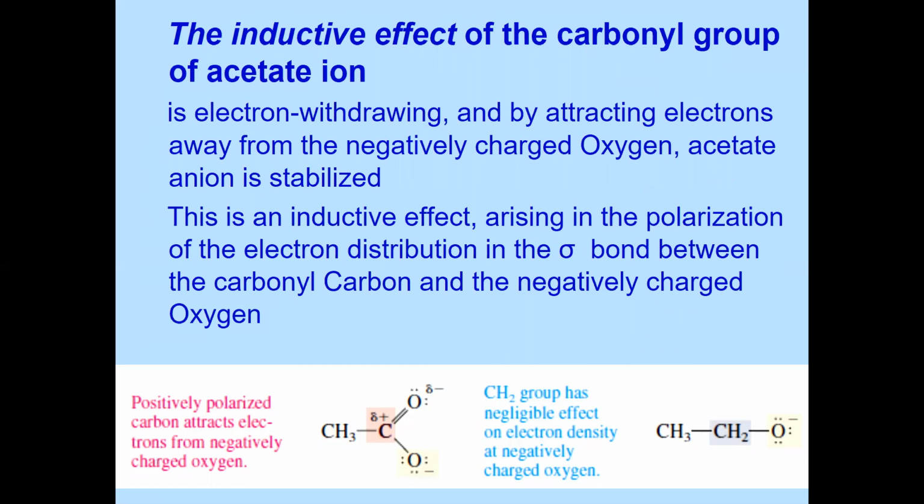The inductive effect of the carbonyl group of acetate ion is electron withdrawing, and by attracting electrons away from the negatively charged oxygen, the acetate anion is stabilized. This is an inductive effect arising in the polarization of the electron distribution in the sigma bond between the carbonyl carbon and the negatively charged oxygen.